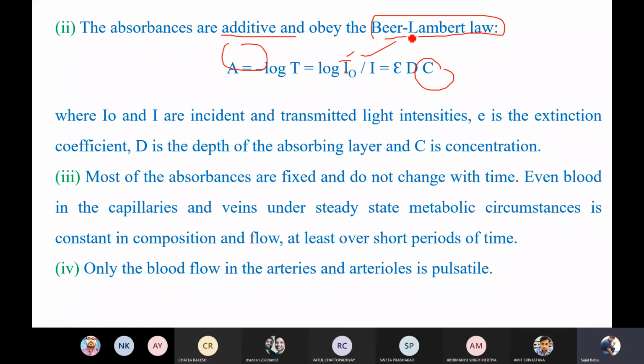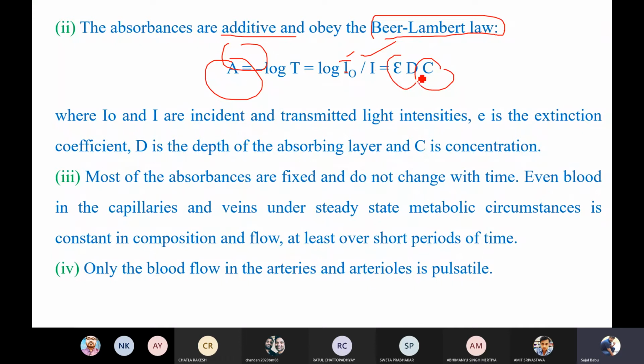Okay, so what the Beer-Lambert law explains is that the absorbance will be equal to log of I naught by I, where I naught is your incident light, the light emitted by the light source, and I is the transmitted light, which travels along the tissues and reaches the other side of the tissue.